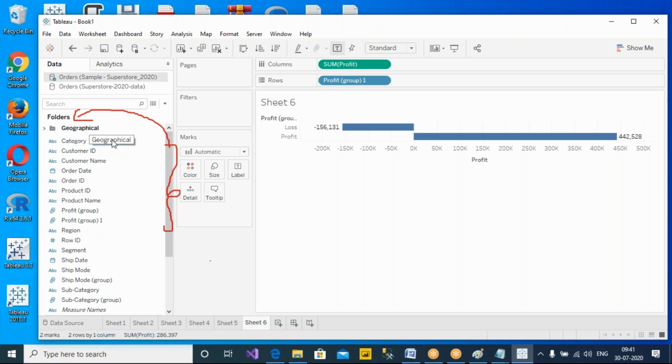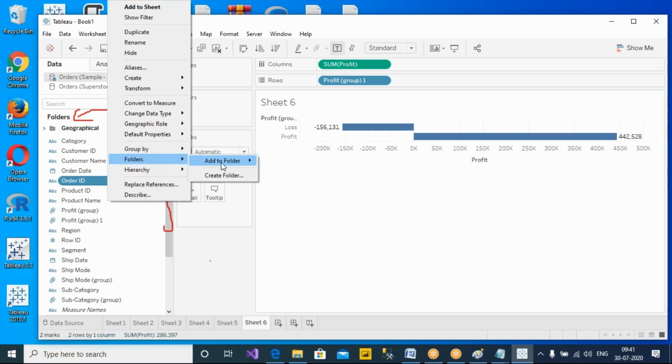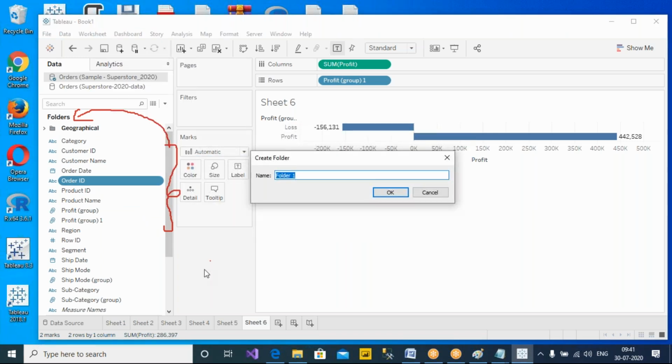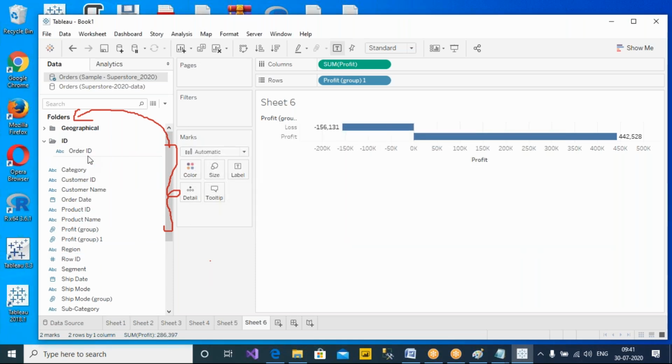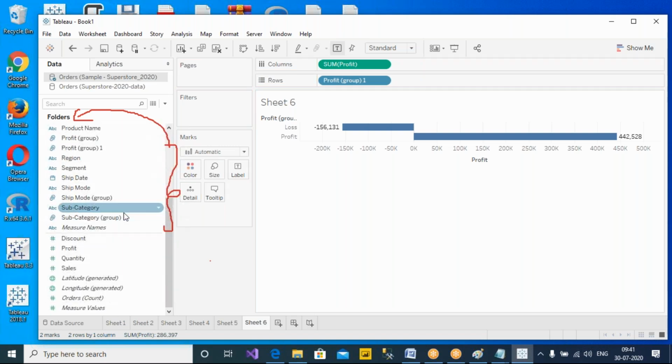Yeah, definitely, we can do that. Similarly, besides geographical, let's say we want to create another folder with the name IDs. All IDs I want to move into the folder: customer ID, product ID, row ID. Any other IDs?